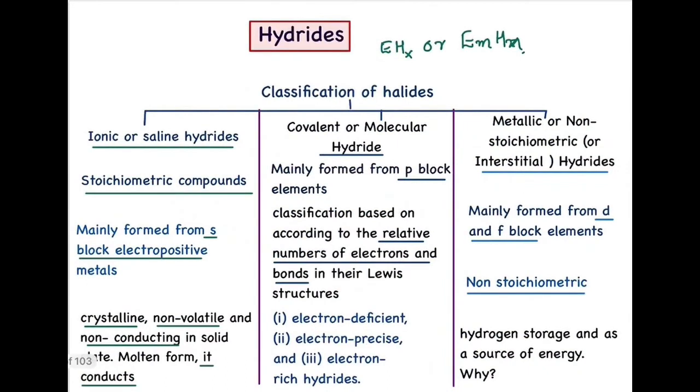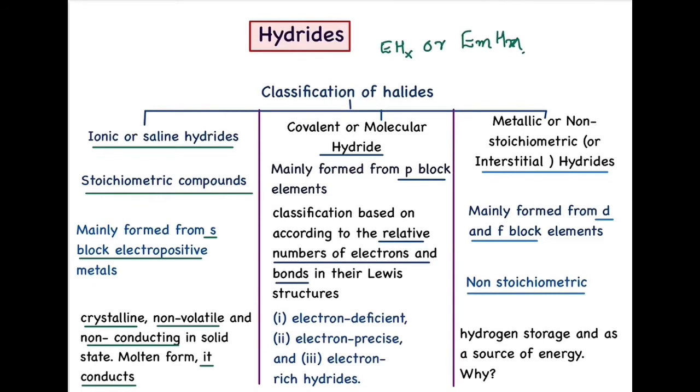Another class of compounds of hydrogen is hydrides, and one should know the classification of hydrides, which are ionic, covalent and metallic hydrides. In each type of hydride, you should be able to write about the stoichiometric ratio of elements, which type of elements form hydrides, and their characteristics such as crystallinity, conductivity, volatility and physical state.